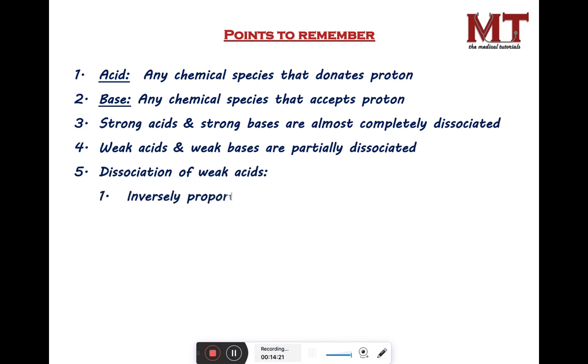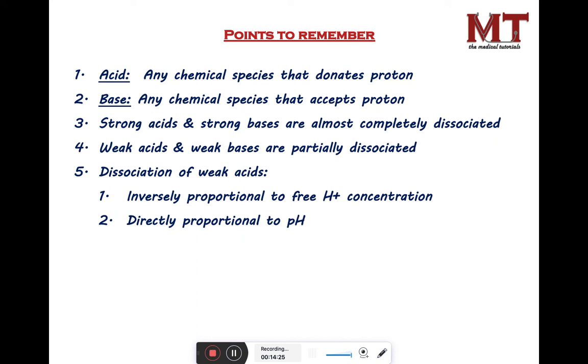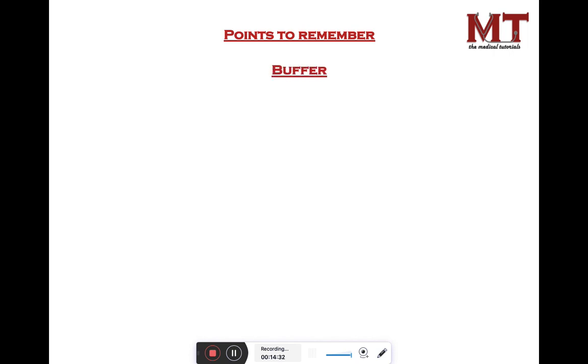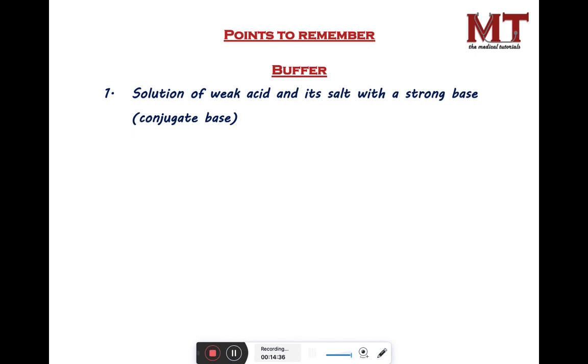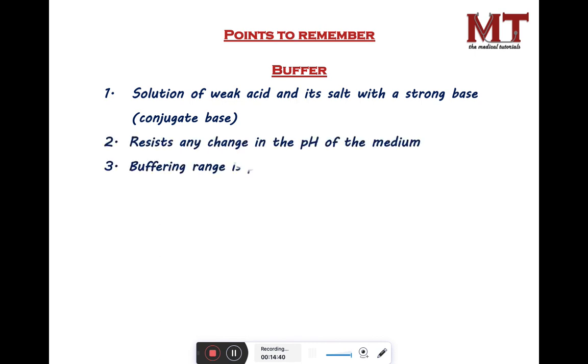Dissociation of weak acids is inversely proportional to the free H+ concentration, directly proportional to the pH of the medium, and governed by the Henderson-Hasselbalch equation. Buffer: a solution of a weak acid and its salt with a strong base, or the conjugate base, resists any change in the pH of the medium. Buffering range is pK plus minus 1, and the maximum buffering is when the pH is equal to its pK value.